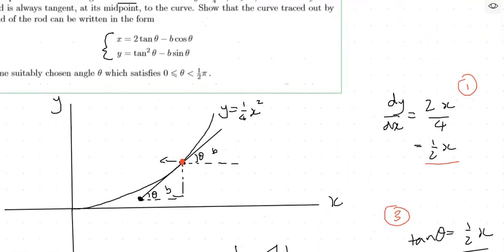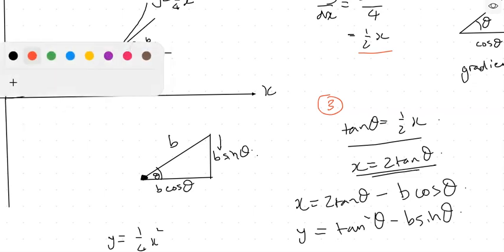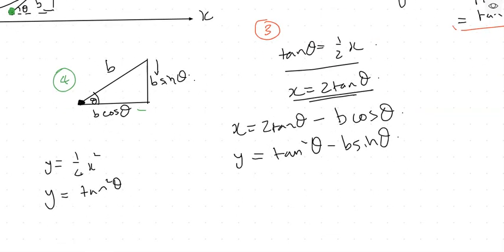And then I looked at the answer and it said minus b cos theta, so I realized that we were talking about this end here. So all I have to do is take away b cos theta. So this is our 4th bit, and that gives me the whole value of x. So it's 2 tan theta minus b cos theta.